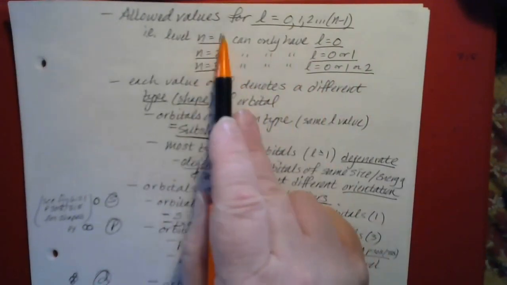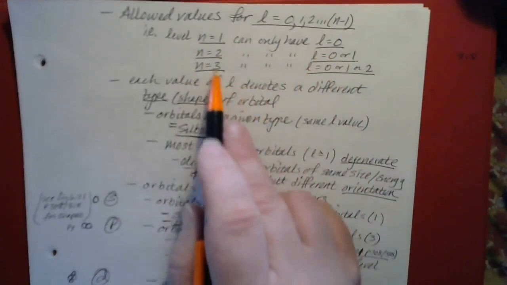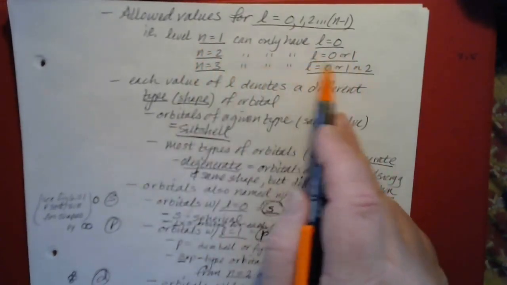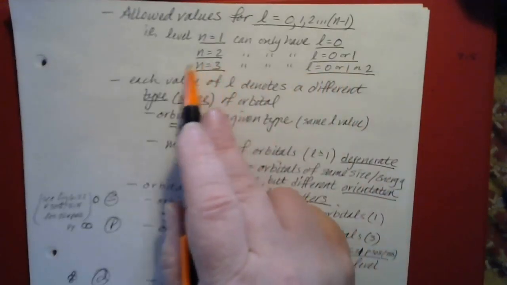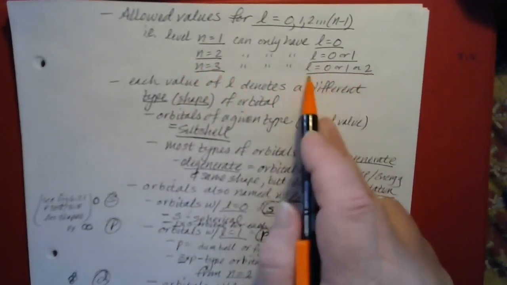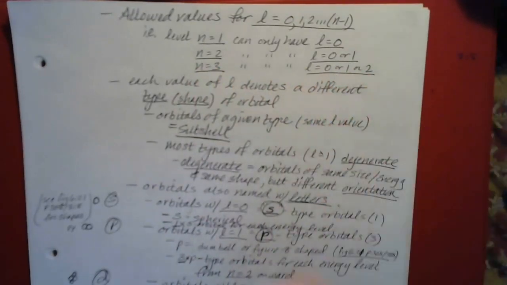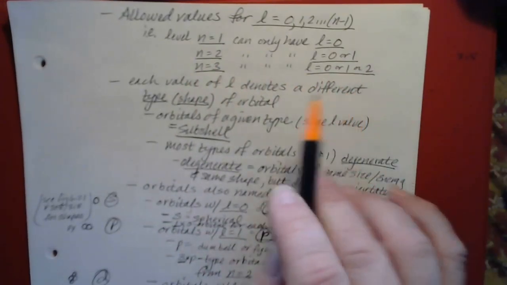So if you're talking about n equals 1, there's only one shape of orbital possible. If you're talking n equals 2, then there are two shapes or types of orbitals possible. If you're talking about n equals 3, there are three shapes or types of orbital possible. So the number of different types or shapes of orbitals would be the same as the shell number or the principal quantum number.